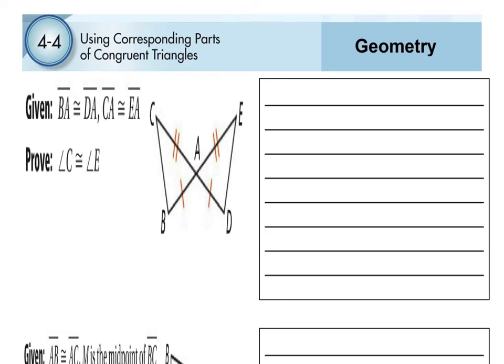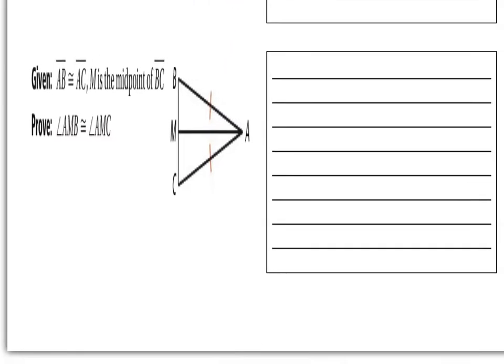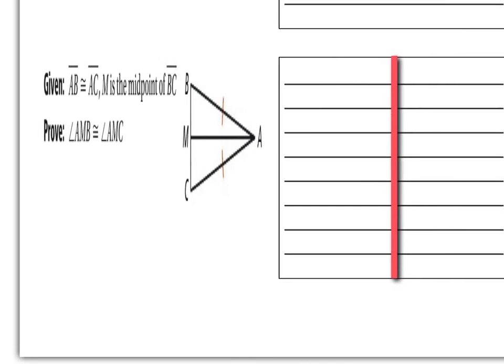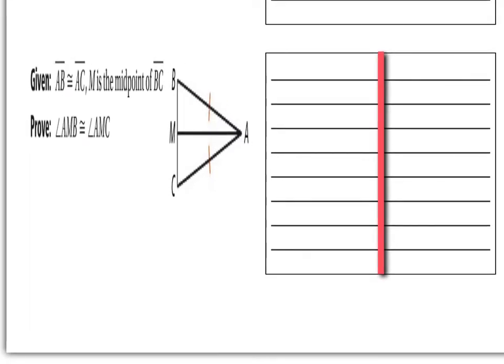Okay, now let's take a look here. We've already talked about that top proof. Let's take a look here at this bottom proof as we're going through here, and we'll put our line in the middle here as well. Okay. So as you look at this proof, in the given it says AB is congruent to AC, and they have that marked, and M is the midpoint of BC.